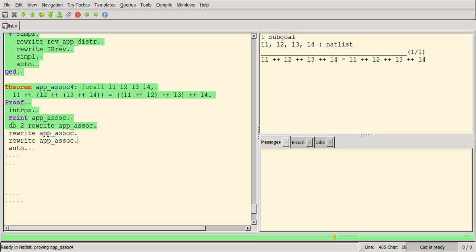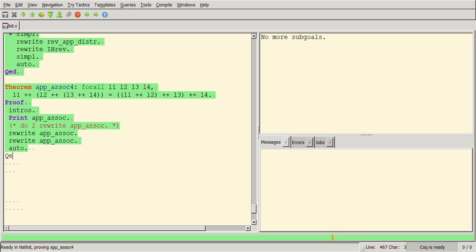So I will just enclose or comment this out so that you remember what do 2 rewrite append associative does. And now we have no more subgoals. We are done with this theorem as well. Thank you.